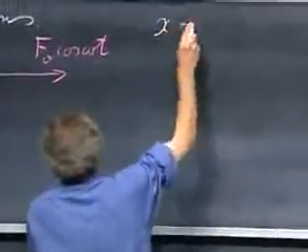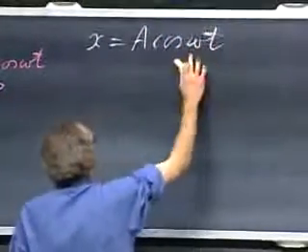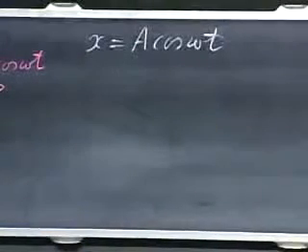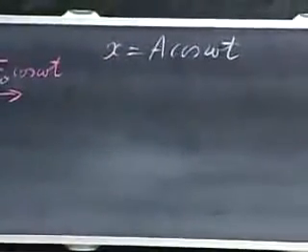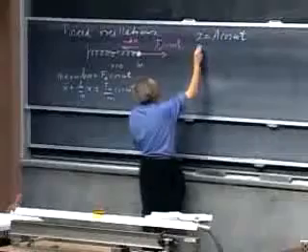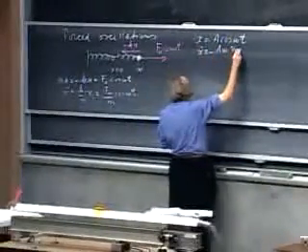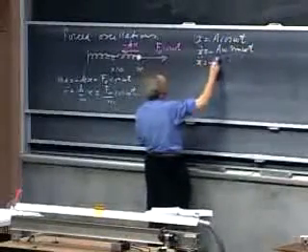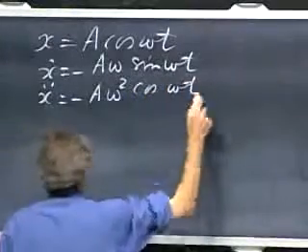So in the steady state, the object somehow must have a frequency which is the same as the driver, and it has some amplitude A. And I want to evaluate with you that amplitude A. So this is my trial function that I'm going to put into this differential equation. x dot equals minus A omega sine omega t. x double dot equals minus A omega squared cosine omega t.